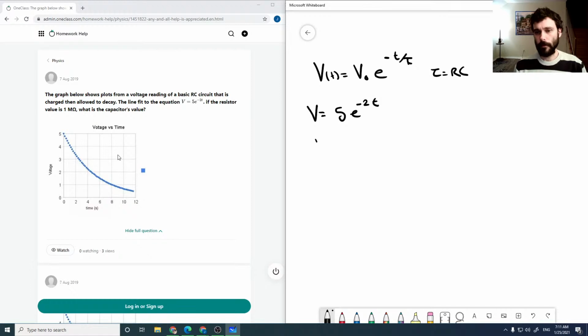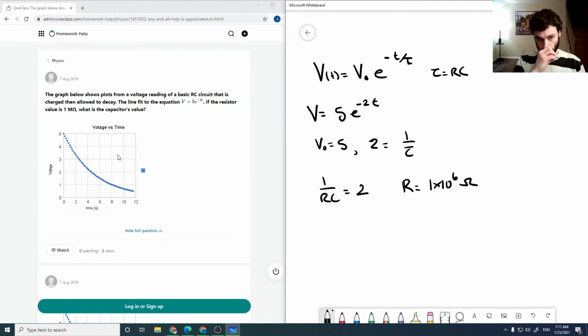So we can see here that V naught is 5, and 2 is equal to 1 over tau. So 1 over RC equals 2. We're given that the resistor is 1 times 10 to the 6 ohms, and that's to compute the capacitance.